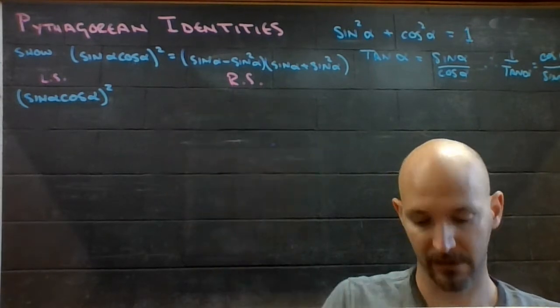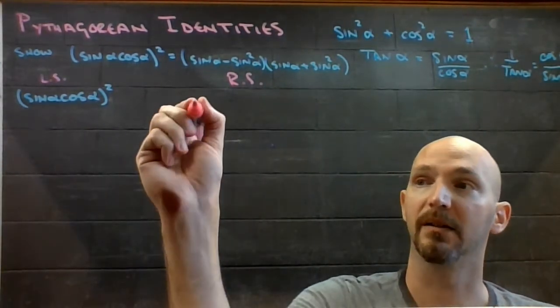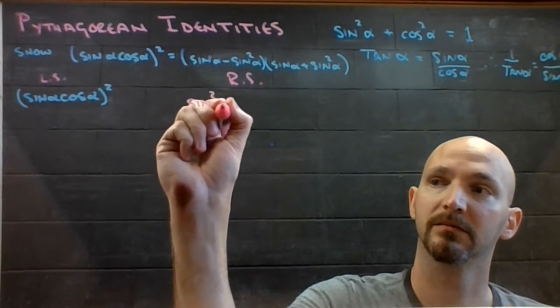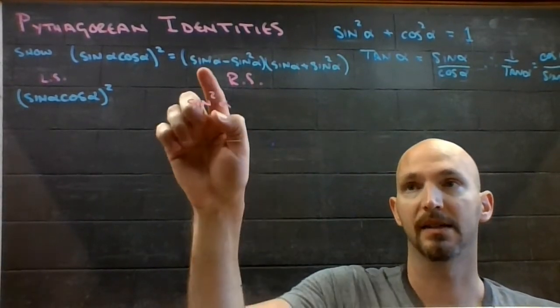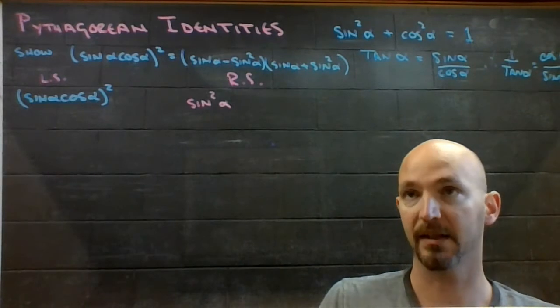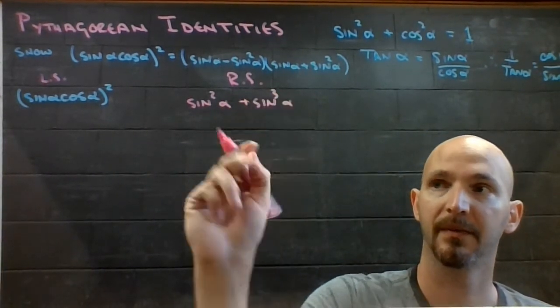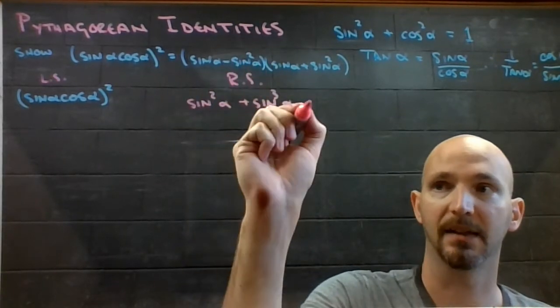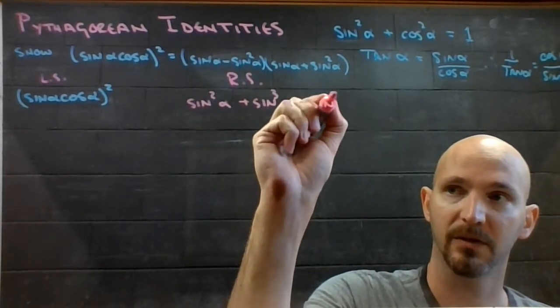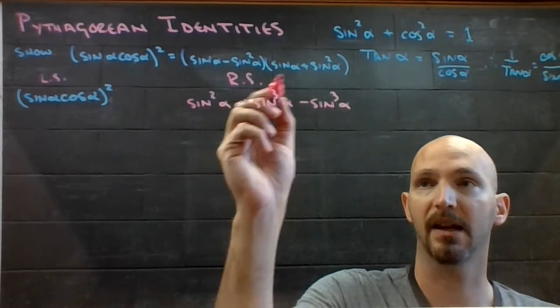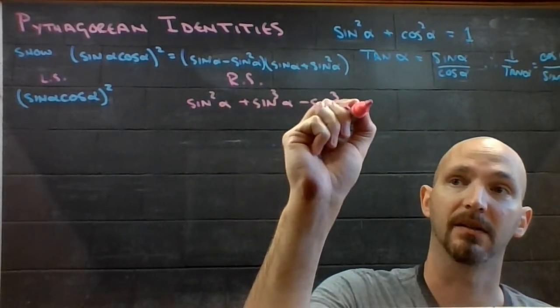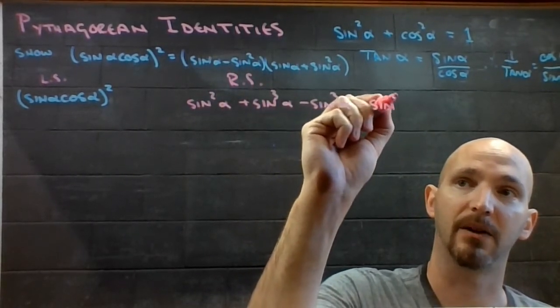Sine times sine gives me a sine squared. A sine times this gives me a positive sine cubed. A sine squared times a sine gives me a negative sine cubed. And a negative sine squared times a positive sine squared gives me a negative sine to the power 4.